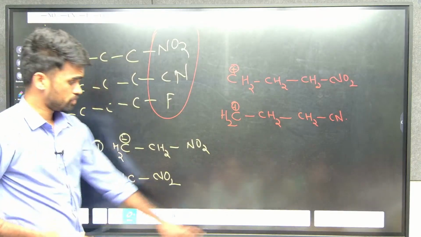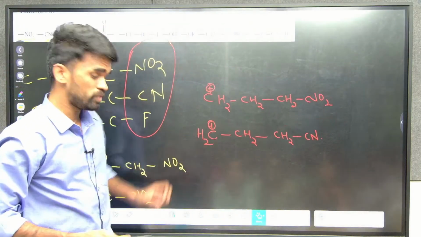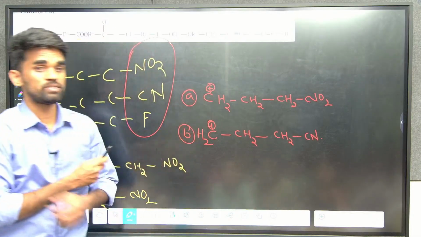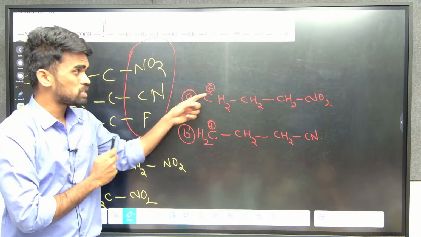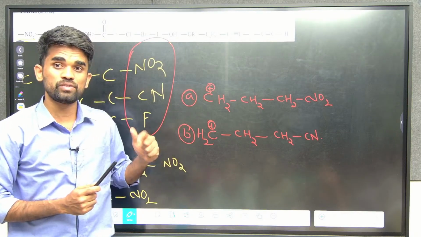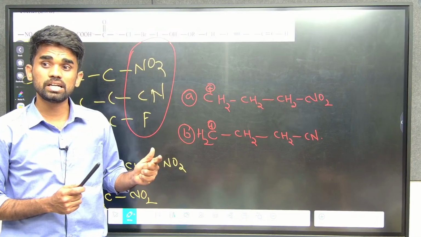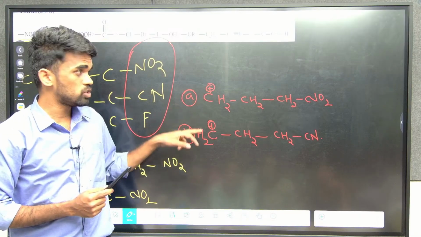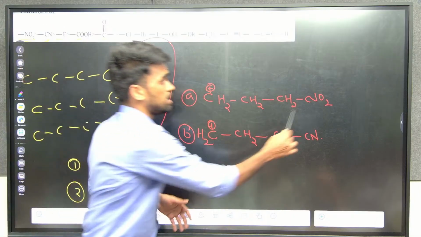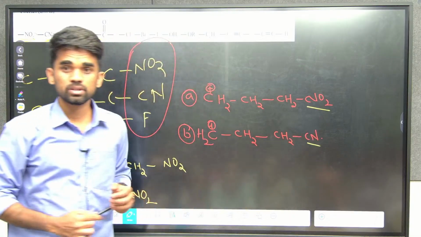Okay, listen here. Out of these two, A and B, which is more stabilized and how will it be stabilized? Both of them are carbocations. Carbocations are electron rich or deficient? Electron deficient. If they are electron deficient, what type of groups are required? But here, which type of groups do we have?